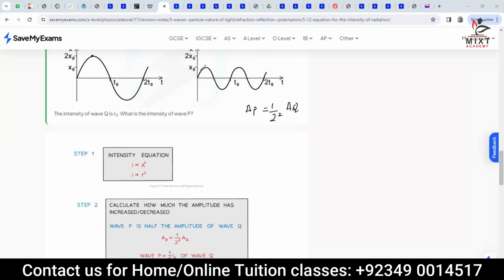Why 1 upon 2 square? Because here the amplitude reduces to 1, there the amplitude increases to 2. So basically wave P has 1 upon 4 I naught. So basically intensity of P is 1 upon 4 the intensity of I naught. I naught is greater because their displacement is greater.